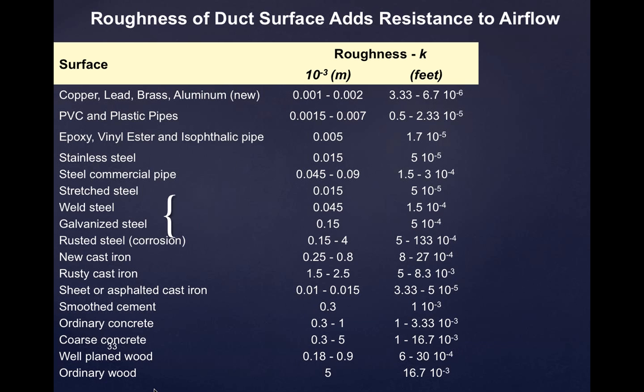When we design duct systems, even HVAC systems, the velocities you're working with are almost always relatively turbulent flow. There's a number that you can calculate based on the velocity and the density of the air that you're working with, how fast it's moving, and the roughness of the material around it, called the Reynolds number.